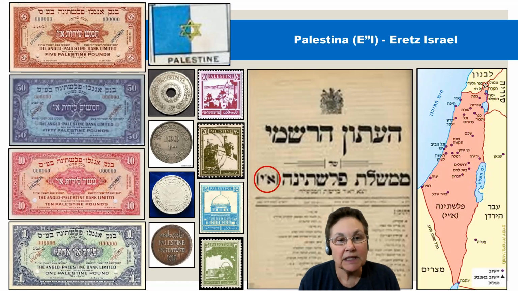The common denominator here is the abbreviation of the words Eretz Israel, land of Israel in Hebrew, one of which I circled in red on the newspaper.